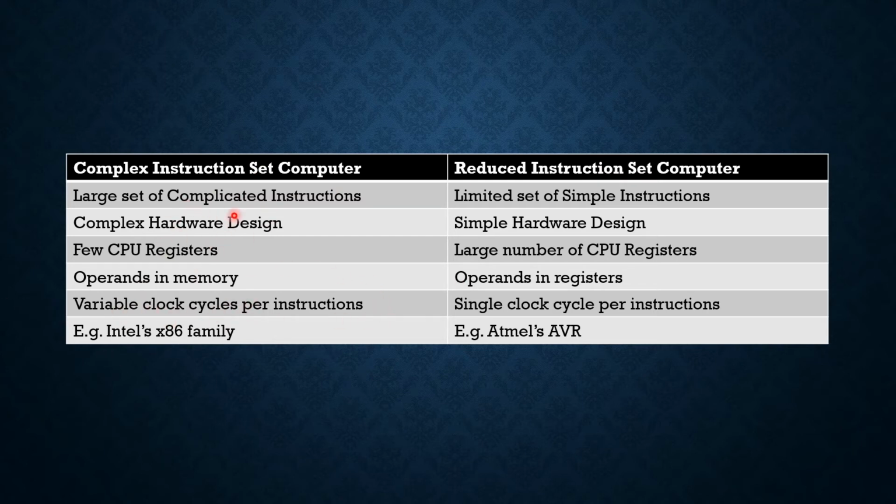An example for CISC can be Intel's x86 family, which was very popular back in the 70s. And an example for RISC can be Atmel's AVR, which we generally use everywhere, like the Atmega328P. So these are a few examples and everything regarding the CISC and RISC architectures.